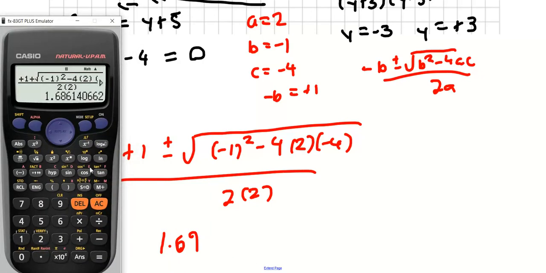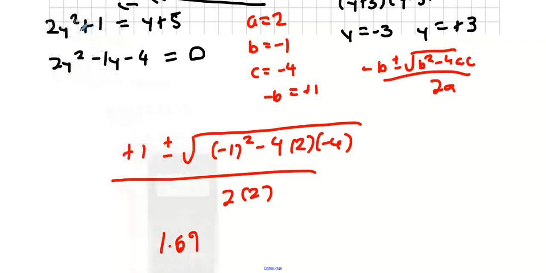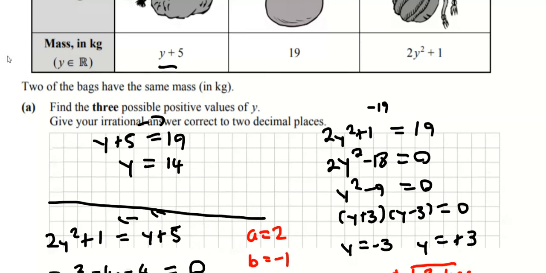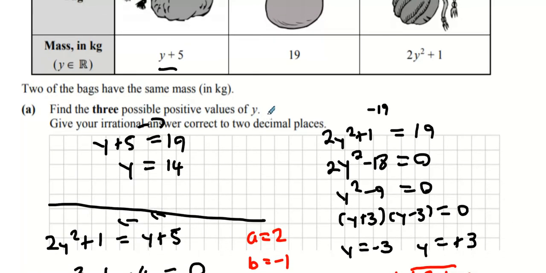Minus 1.119. Alright. It seems to just want the positive answer. 3 possible values of y, so best to keep it positive. Okay.